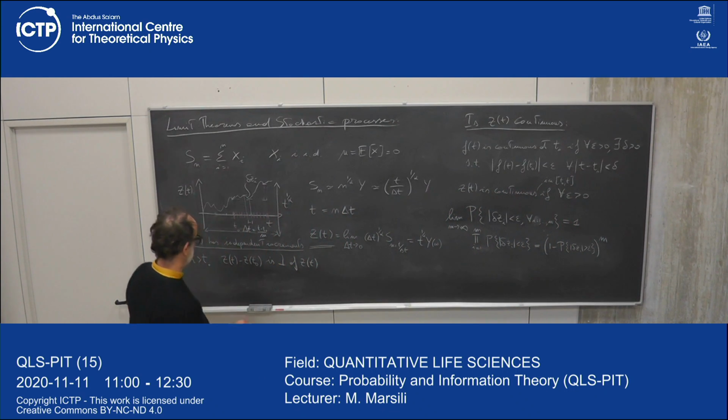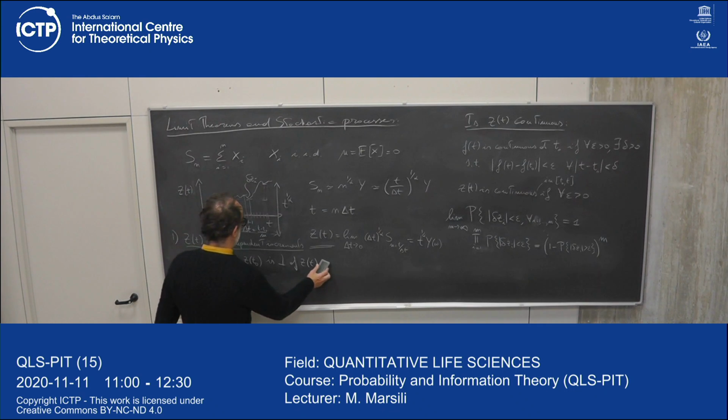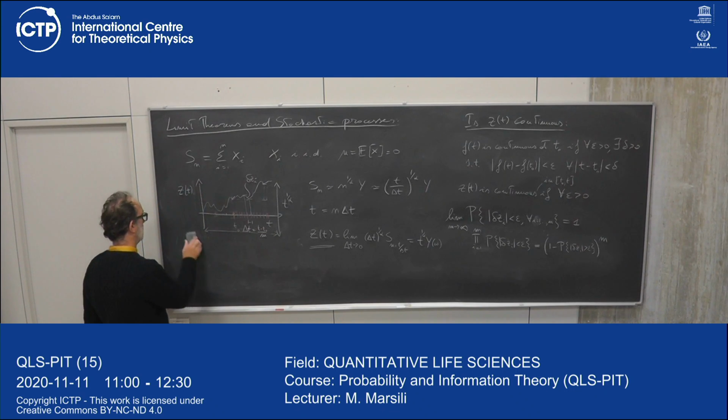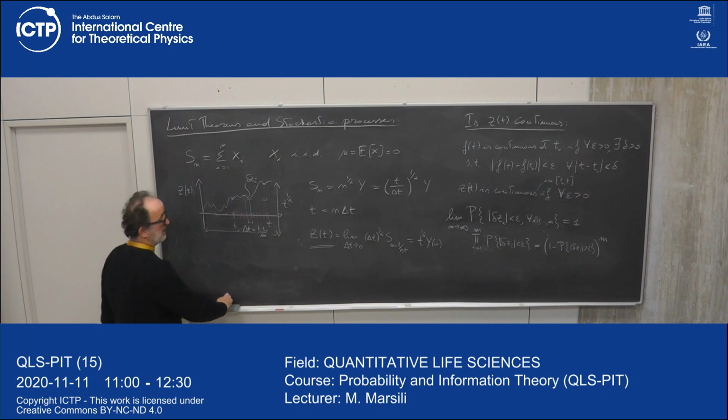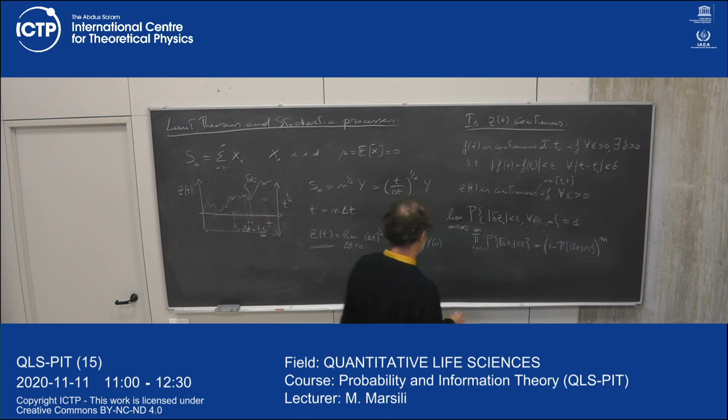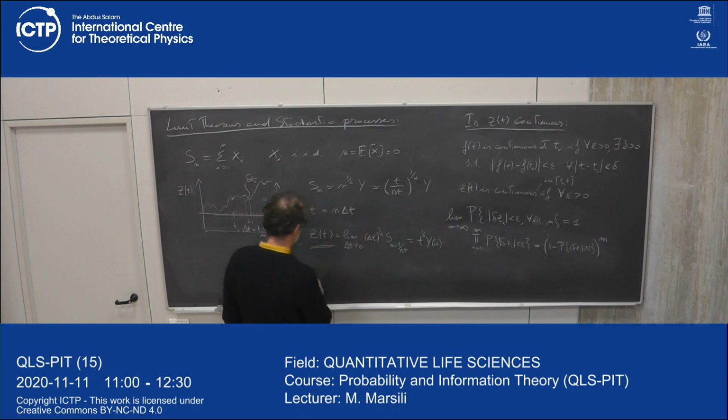Now, in order to compute that limit, what I have to compute is the probability that delta Zi is larger than epsilon. Okay.